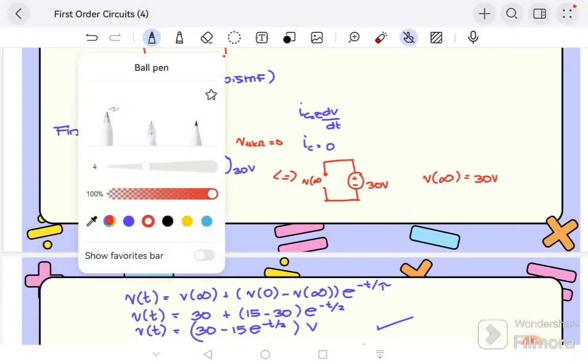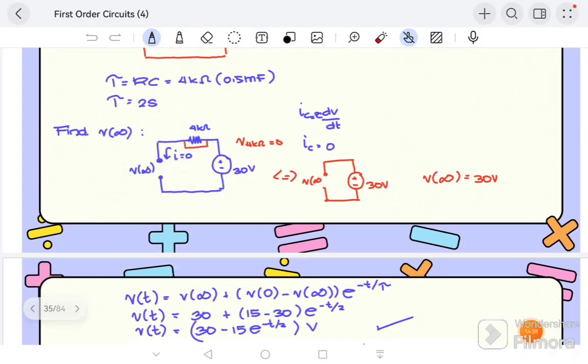V of 1 second, for example: V of 1 second is equal to 30 minus 15 e to the negative 1 half, or 30 minus 15 times e to the negative 0.5, which gives 20.9 volts. So, V of 1 is 20.9 volts.